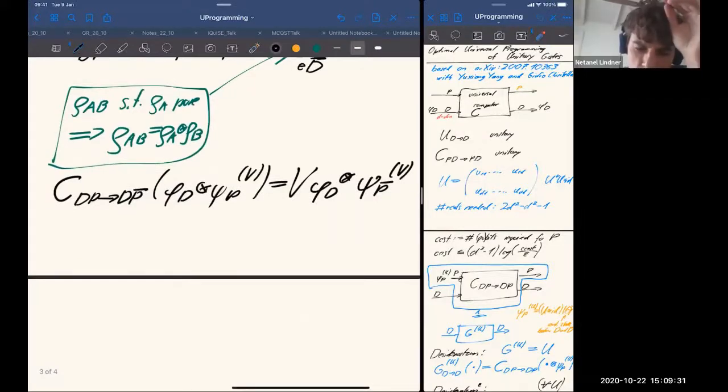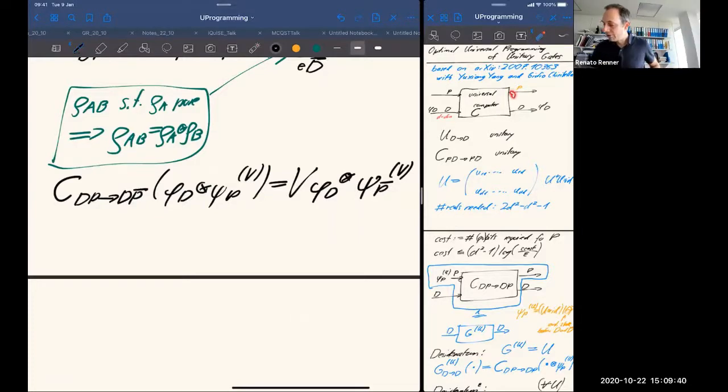Just to make sure, Renato, is C necessarily a unitary operation, or are you allowing it to be something else? Yes, so C is the operation that describes the action of the whole computer. And now I assume that the total computer, that was Tal's remark, I think, should also be unitary. A computer may not be unitary, that's an assumption, but I could always look at a unitary extension of the computer and do the proof with that, and nothing would change because I'm not interested in this output here.